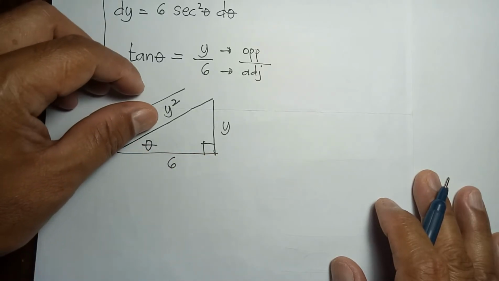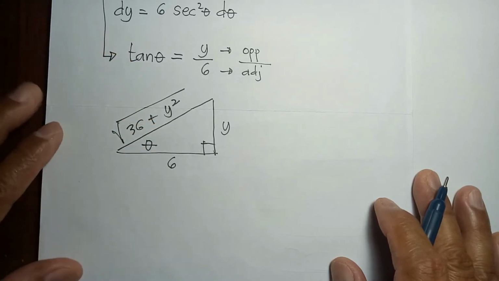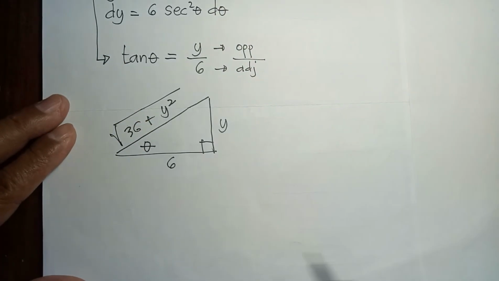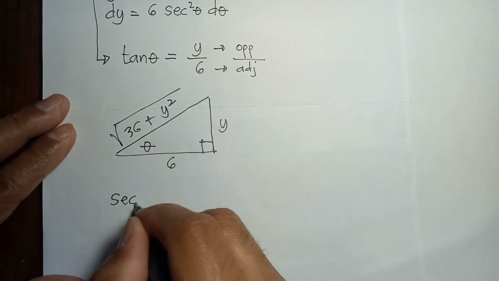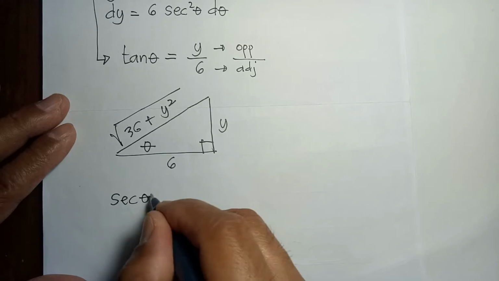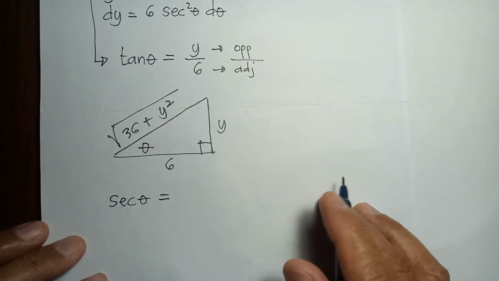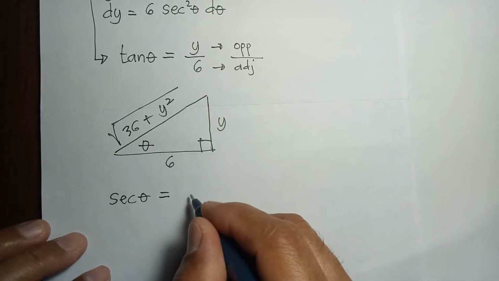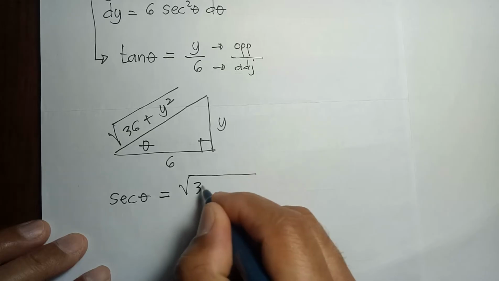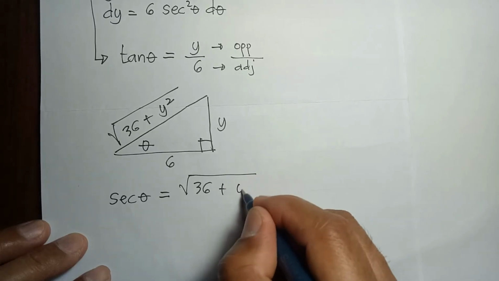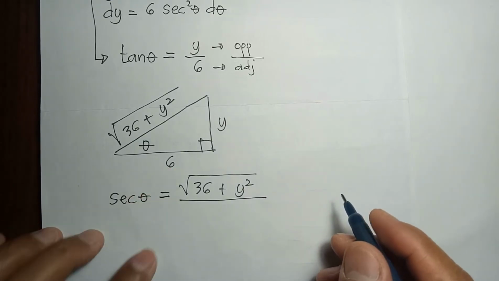So ito ay hypotenuse divided by the adjacent side, and that's secant of theta. So secant of theta equals hypotenuse, square root of 36 plus y squared, divided by the adjacent side na 6.